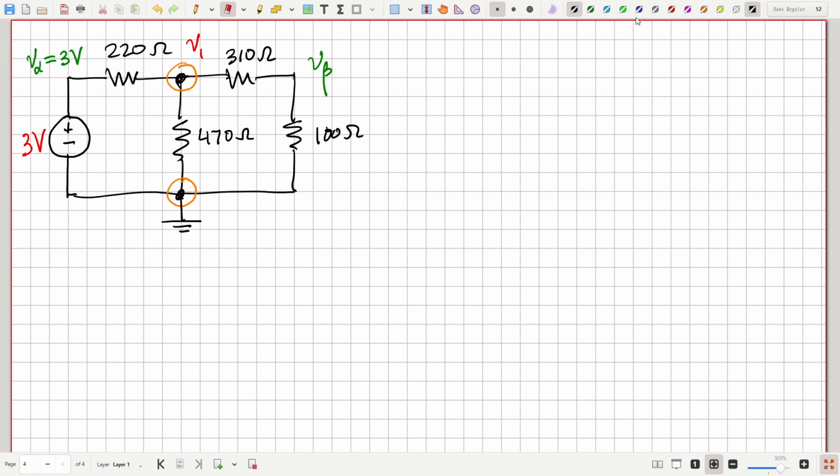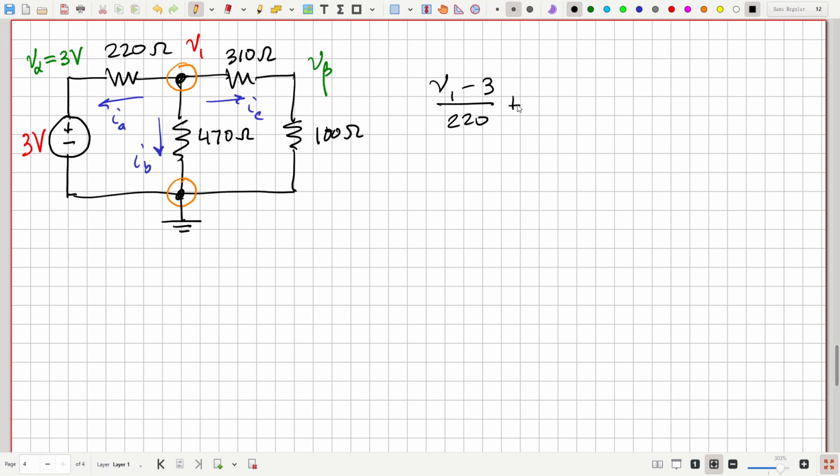That's going to consist of summing all the currents flowing out here. Let's call them IA, IB, and IC. Again, we take them all flowing out. What's this current? Well, V1 on the right and 3 volts on the left, so that'll be a voltage drop of V1 minus 3 through a resistance of 220 ohms.